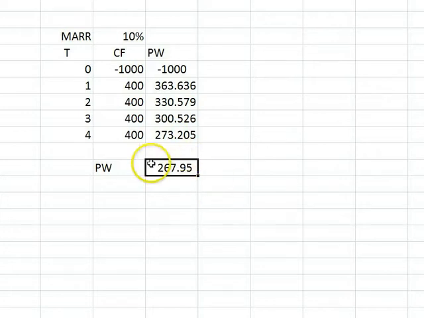In other words, when we estimated each one of these 400, these 400 come from an estimation of how many hours we're going to work, how much we're going to spend in consumables.